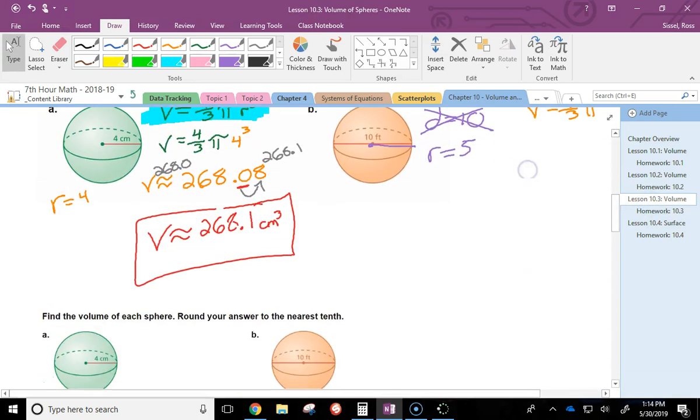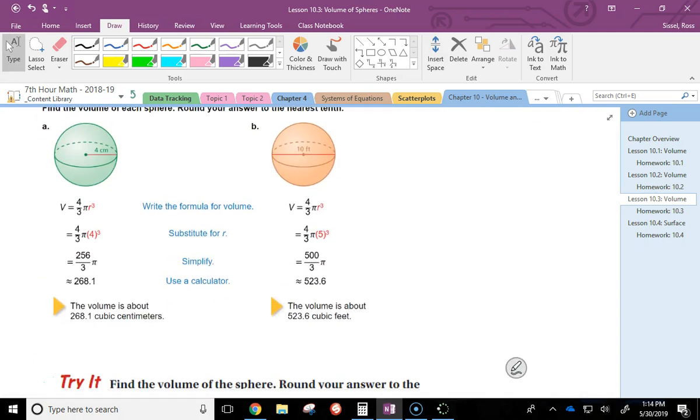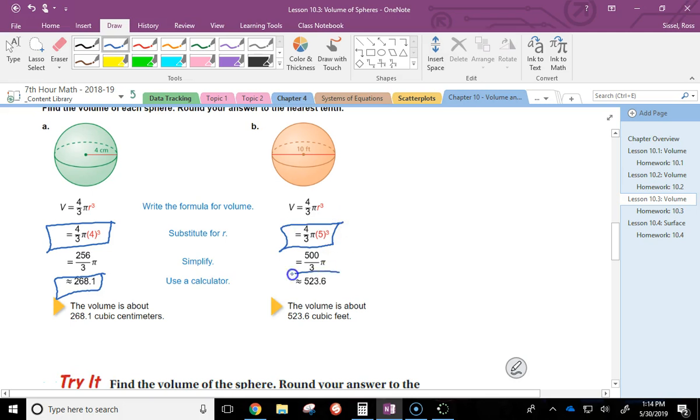So for each one, I need to see what did you do for your equation, and then what did you come up with as your answer on your calculator. So your work is probably the least amount of work I'm ever asking you to show in math. All right, get started.